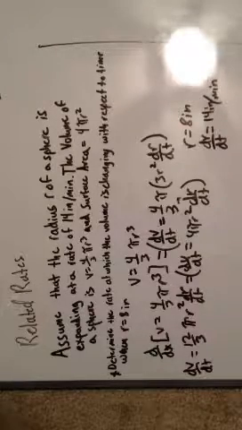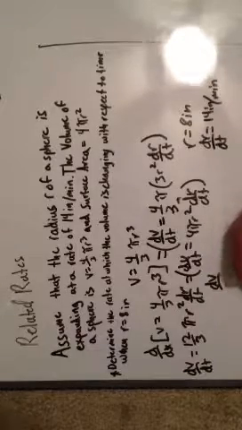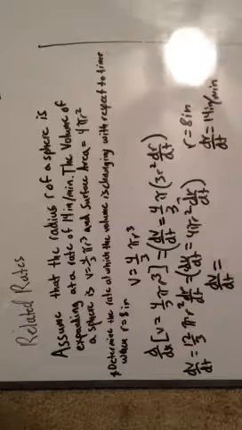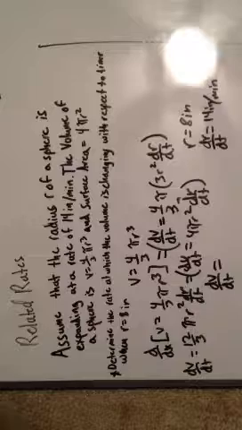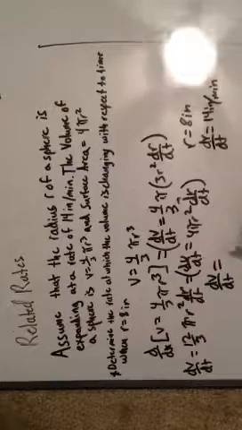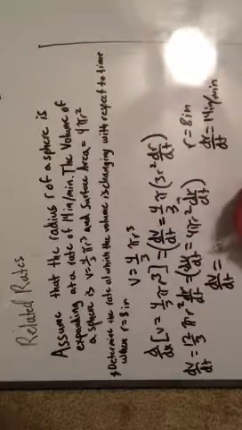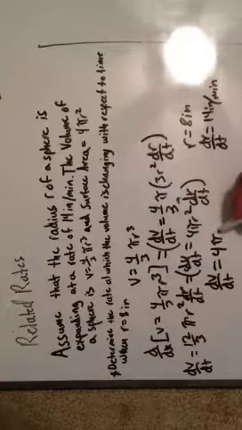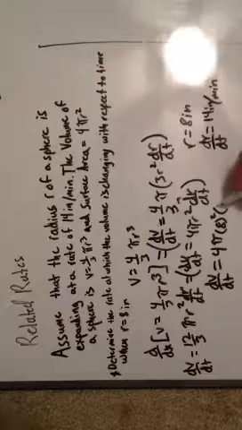So now we just plug and chug, plug that into our equation. So we're finding the derivative of volume with respect to time, because that's what was stated in the example problem. So it's 4 pi times r, which is 8, squared times 14.